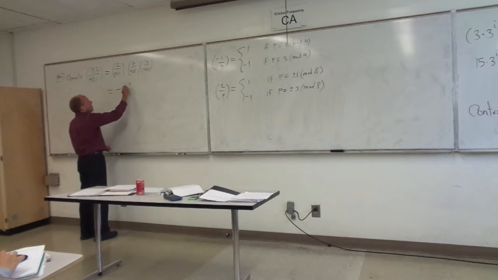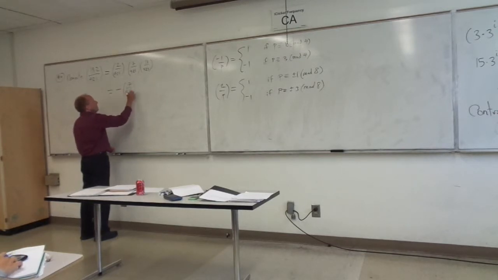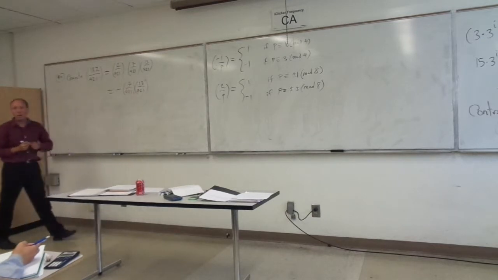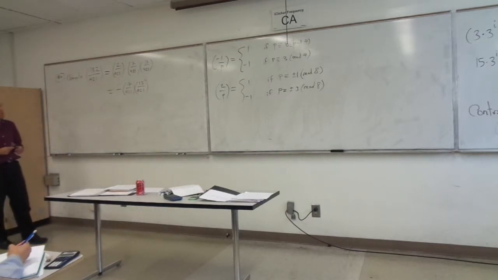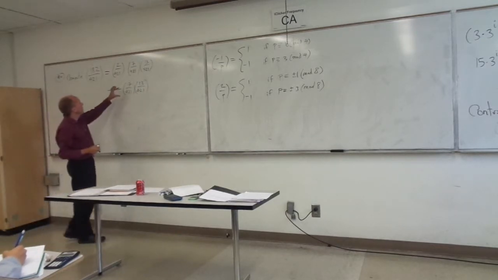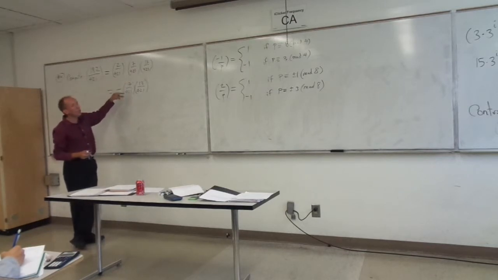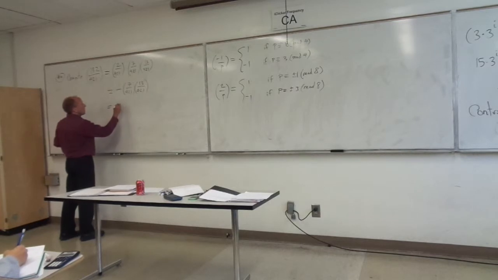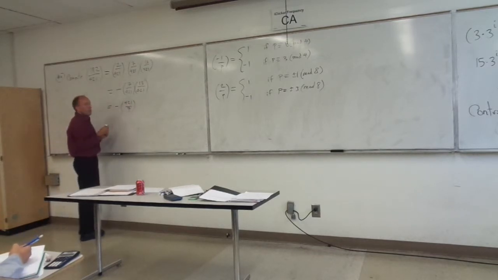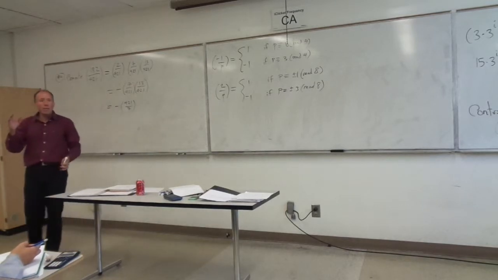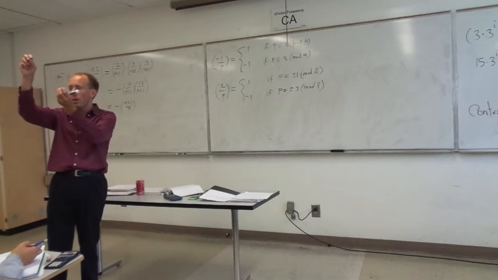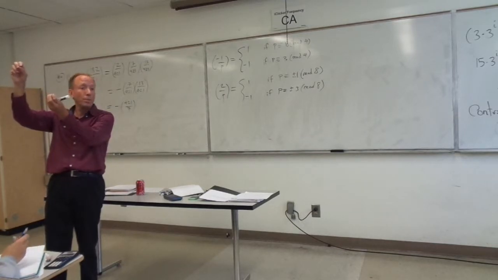Okay, so negative Legendre symbol of 7 times the Legendre symbol of 13. What do you want me to do with the Legendre symbol of 7 in mod 421? Flip it over, and does that cost me a minus sign? Let's remember when it costs me a minus sign. It costs me a minus sign only when both the top and the bottom are congruent to 3 mod 4.